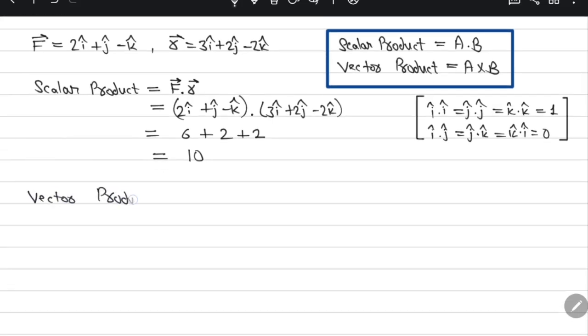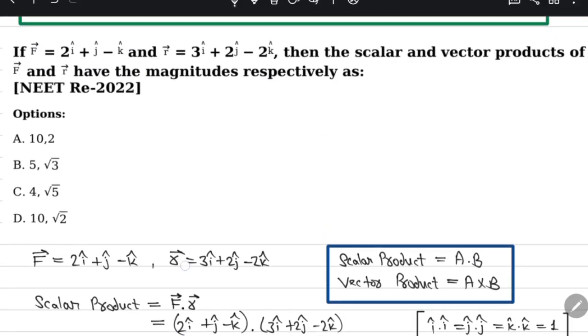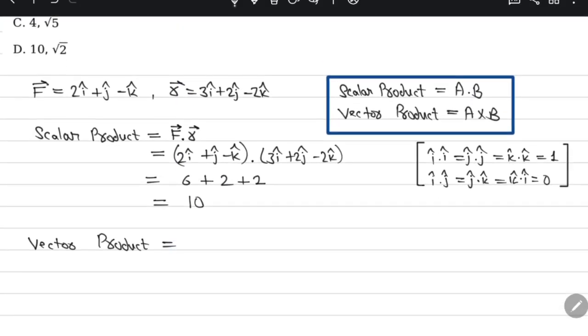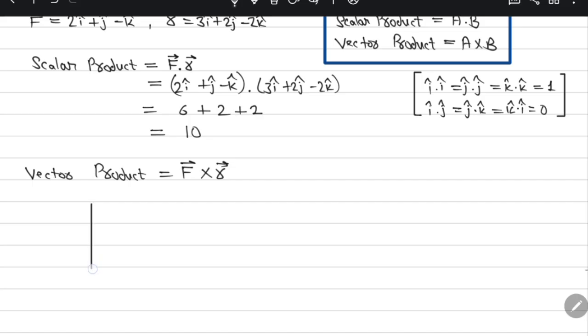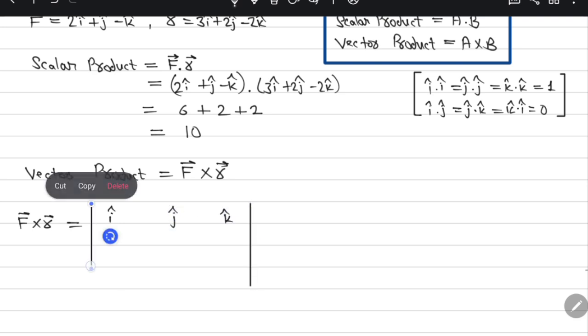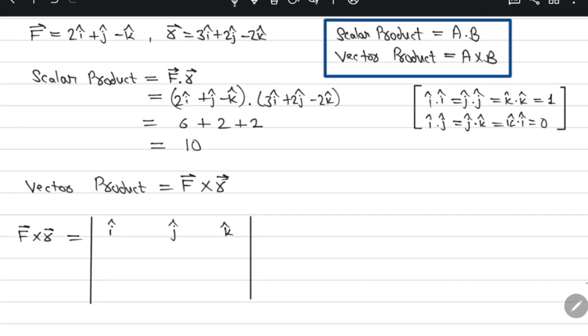So vector product is basically F vector cross R vector. So you know cross product F cross R vector, that is I cap, J cap, K cap, and F vector is basically 2, 1, minus 1, and then 3, 2, minus 2.